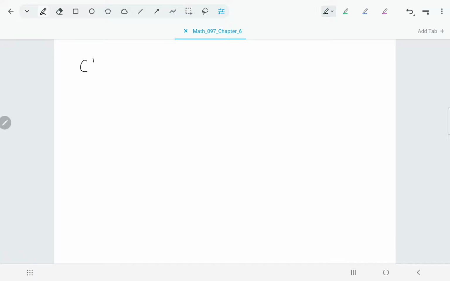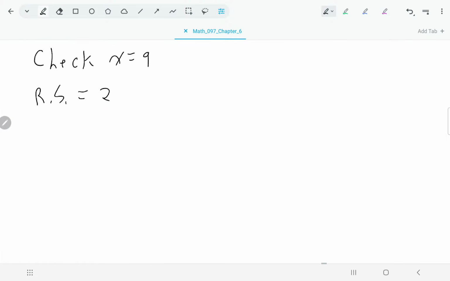So let's check our solution of x being 9. And again, right side for this equation was just 2, so we didn't have to do a whole lot about that. On the left side of the equation, that's where we have to put in our 9 for x.